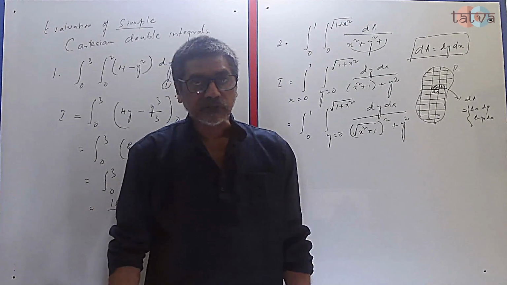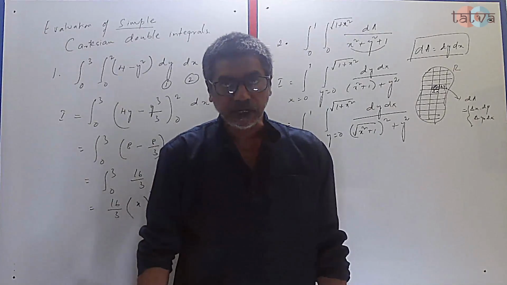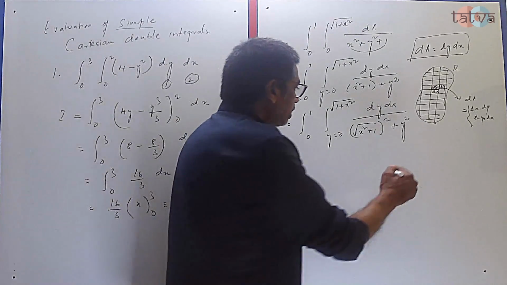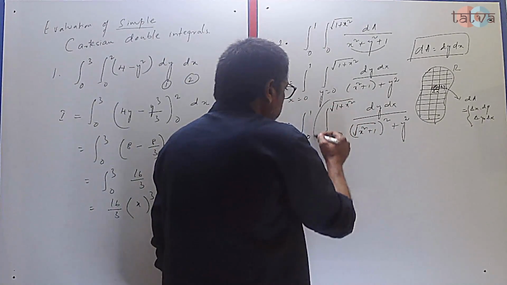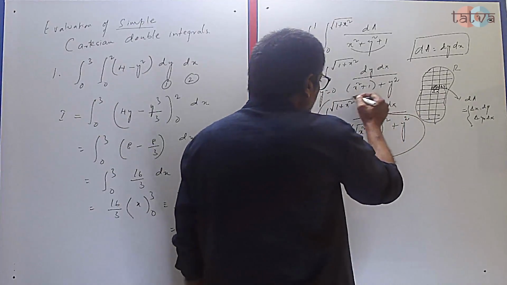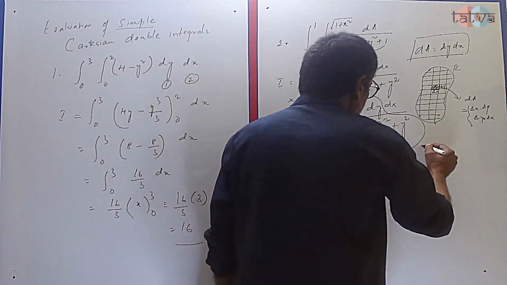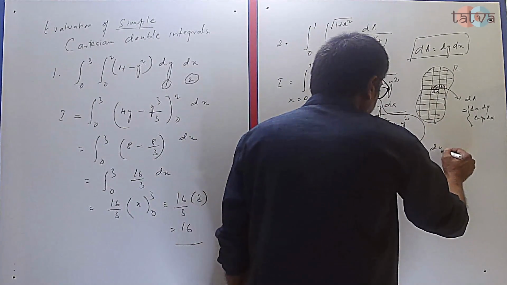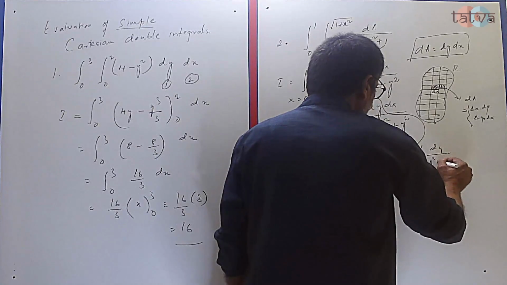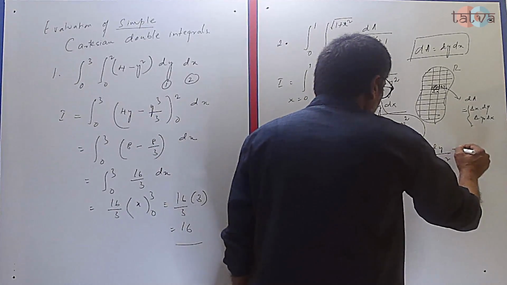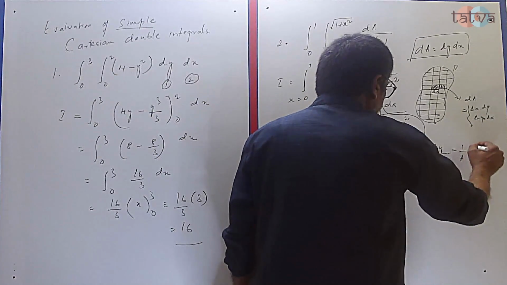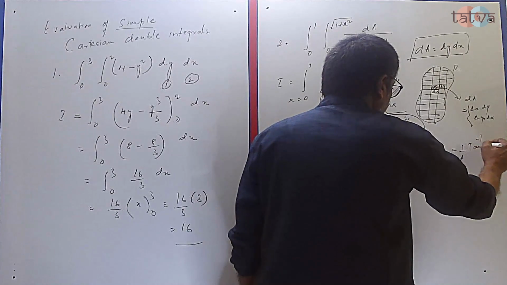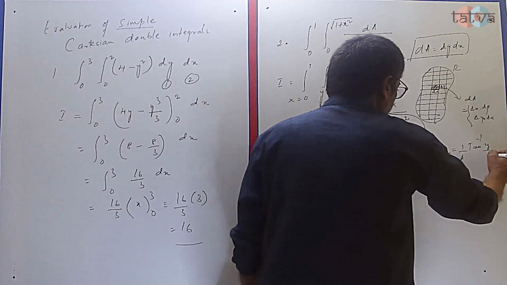If square root of x squared plus 1 is a constant like a, then this integral, that part of the problem, appears something like dy by a squared plus y squared, which when integrated gives 1 by a tan inverse y by a.